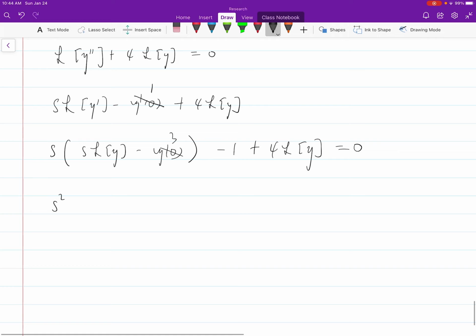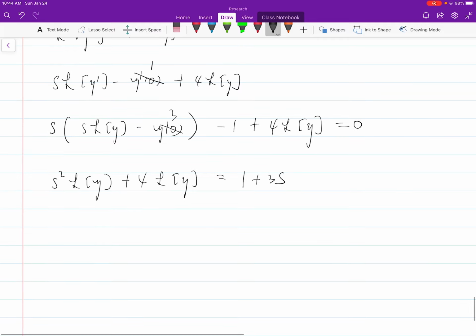Then we finally have s squared L[y] plus 4 L[y] equals 1 plus 3s.